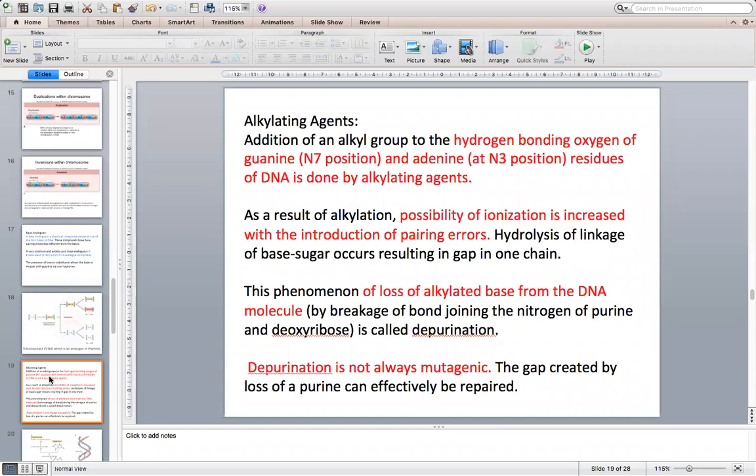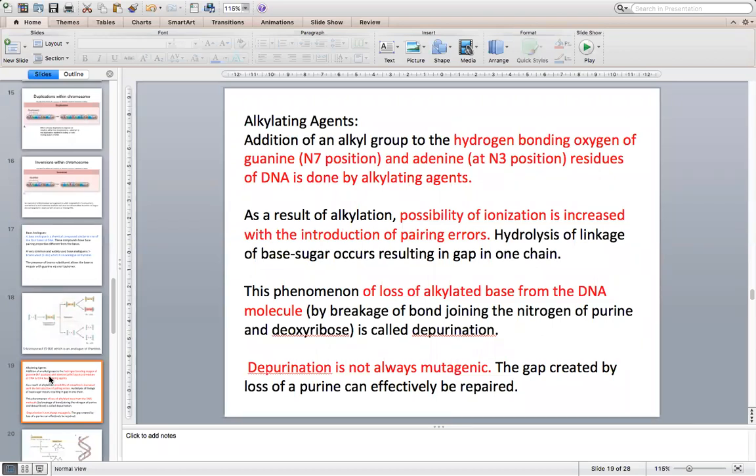What are the changes? With alkylation, the possibility of ionization is increased. When there is increased ionization, there is a chance for base pairing errors. That means we will not be getting the right bases.